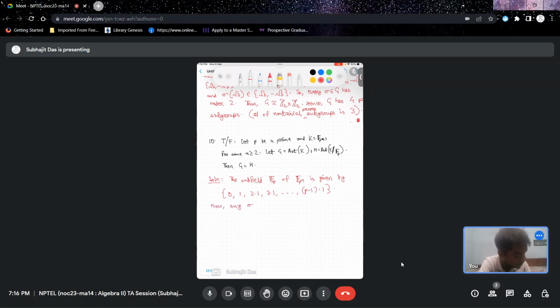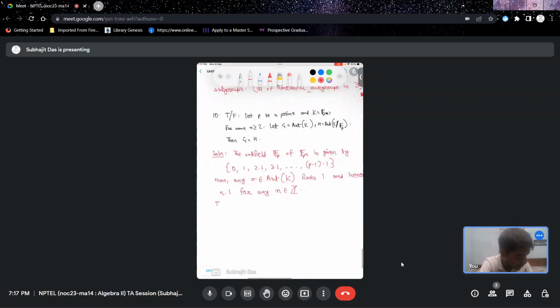Now any sigma in the automorphism group of K fixes 1, because it is an automorphism of the field, and hence it fixes n times 1 for any n in Z. Thus any sigma in the automorphism group of K fixes F_p elementwise.